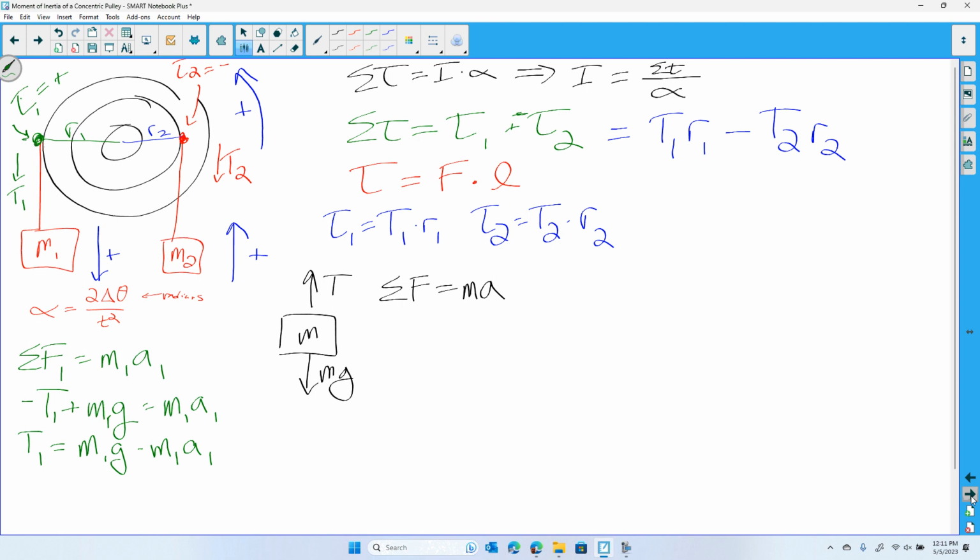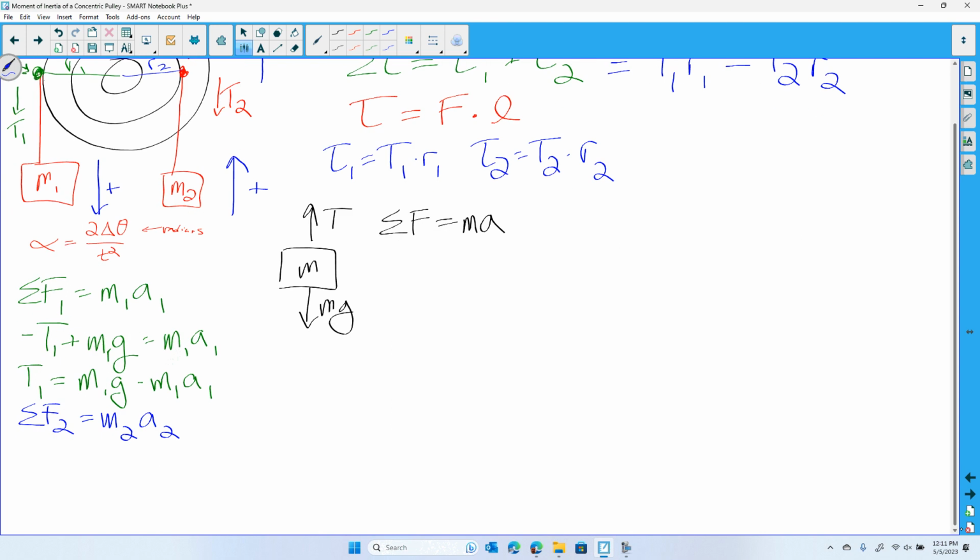And we can do the same thing for the sum of the forces on mass 2. It's going to be equal to its mass times its acceleration. It has a different reference direction. Positive is up. So for mass 2, the tension in that string is in the positive direction. The weight of that object is in the negative direction.